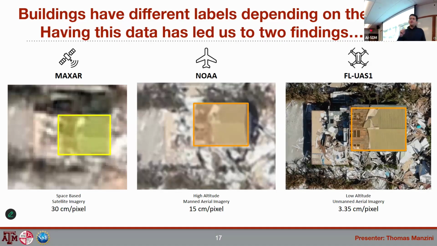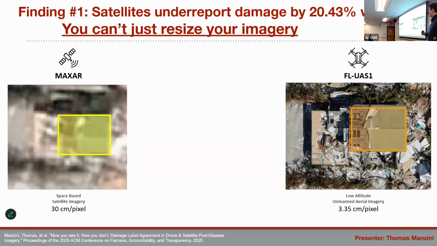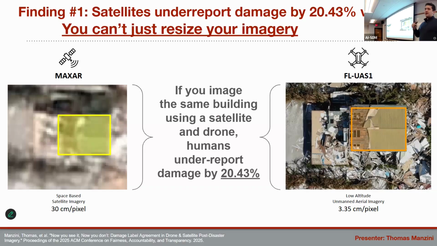This feature of our data set has led us to 2 main findings. The first is that the labels that are generated by annotators and then by reviewers vary a lot with resolution. What this means practically is that when you show the same building to different annotators and review it and curate it, the people who look at the satellite imagery are going to underreport damage by about 20%.